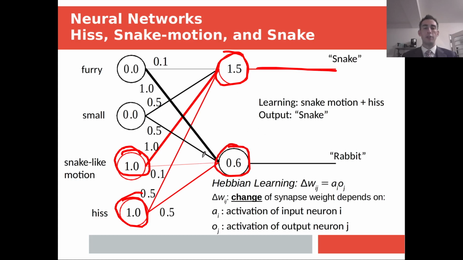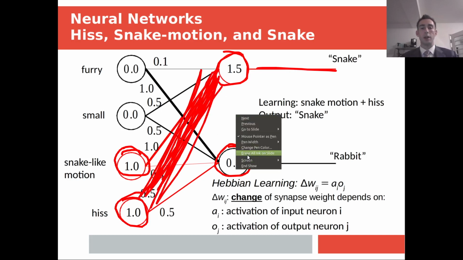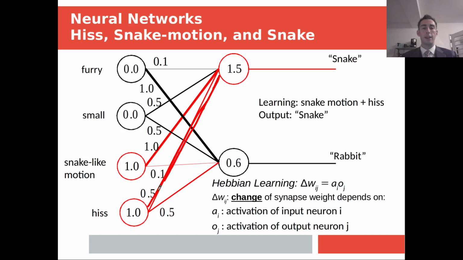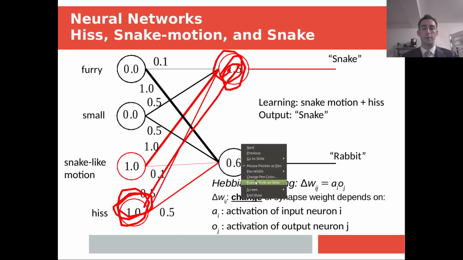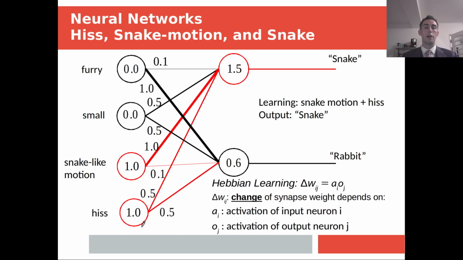So if we use Hebbian learning, these two are strongly connected. Hiss and snake are strongly activated at the same time, so maybe the weight of this connection will change more than the weight of this connection. And eventually the baby will learn that hisses go with snakes and hisses don't go with rabbits because they're not commonly co-occurring.